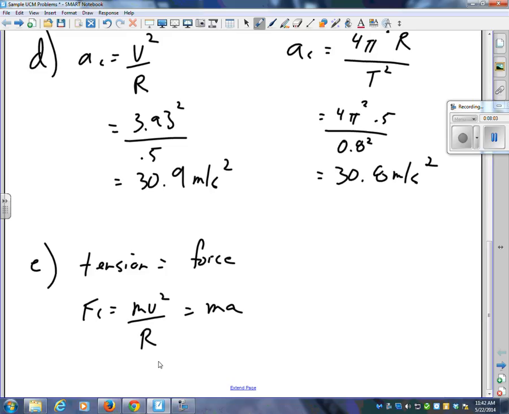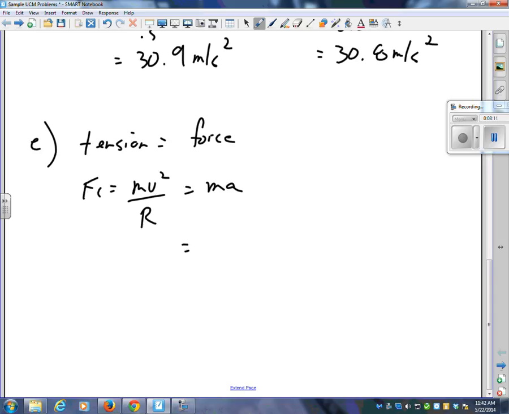If I put v squared over r, what am I going to end up doing? I'm going to do that again times m. Let's just do it all three ways. Why not just go 1.5 times 30.9? That's 46.2 newtons.